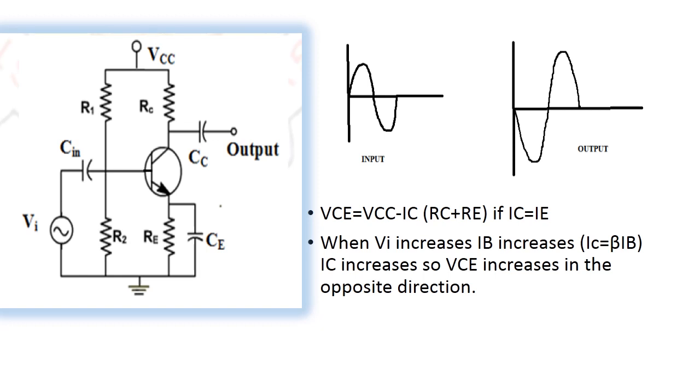That is the reason for this inverted output. So VCC, RC and RE are constant. You can say that VCE is equal to minus IC. So remember this equation to understand the relation between the inverted output and the input.